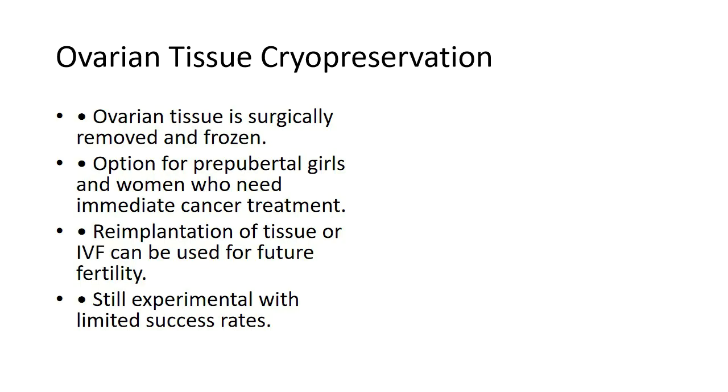Women with early menopause. Women who may be at risk of early menopause due to medical conditions or treatments. Women at risk for ovarian failure. Women with genetic conditions or autoimmune diseases that may affect ovarian function.